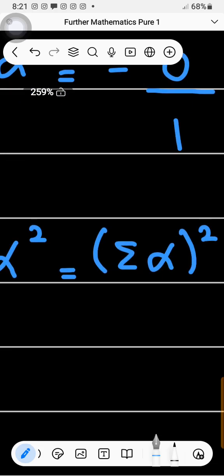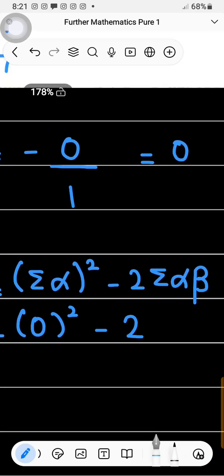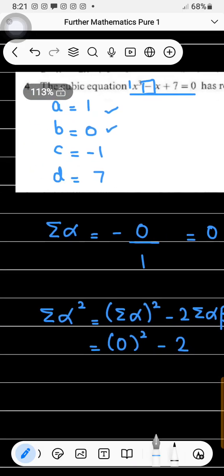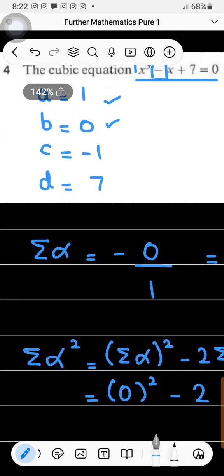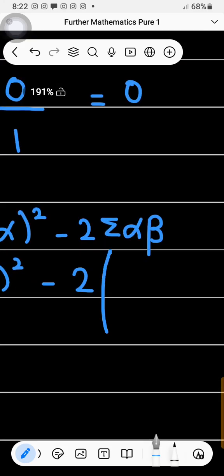So we got sum of alpha as 0 whole square minus 2 sum of alpha beta. So what is sum of alpha beta? Sum of alpha beta is c upon a. It means negative 1 upon 1.